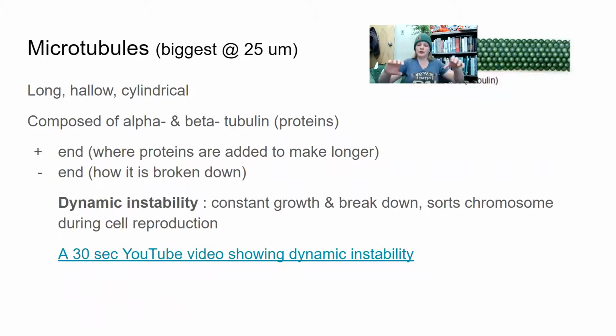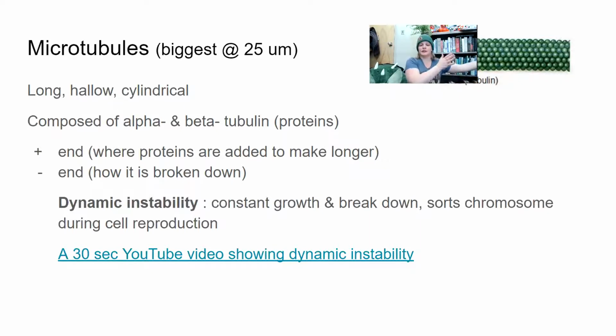These form a long hollow tube, a big long cylinder, so it's literally like a pipe. There's a positive end and a negative end on these. Proteins are added to the positive end to make it grow bigger, and the negative end is where it's broken down and grows smaller.